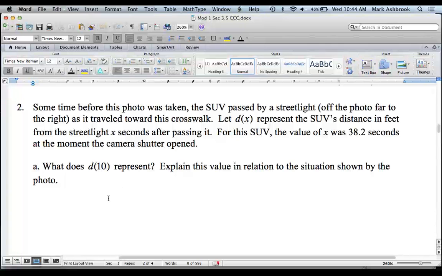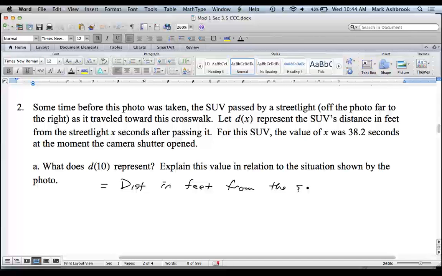So what does d of 10 represent? What is our output? Our output is distance in feet from the street light. So this will be the distance in feet from the street light at 10 seconds after passing the street light.